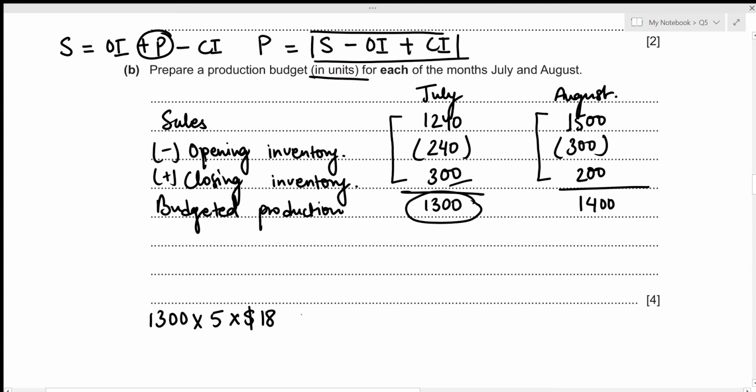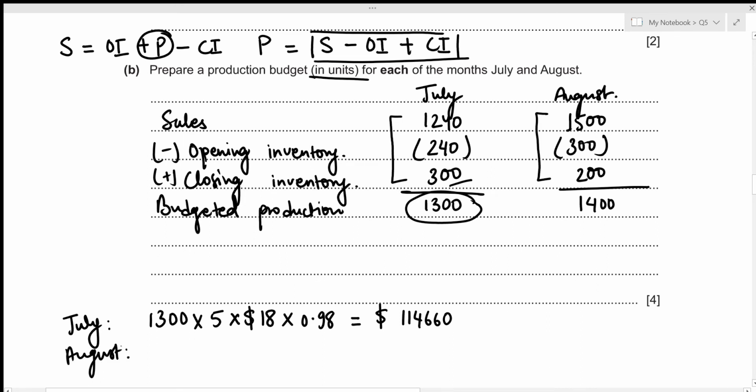And we know that we are also getting a 2% cash discount, meaning that we will only be paying 98% of this total cost. So we can just multiply it with 98%, which we can write down as 0.98. So this is actually the cost for the month of July regarding raw materials. That's 1,300 times 5 times 18 times 0.98, which results in the total cost relating to raw materials to be 114,660. Now we repeat the same process for August.